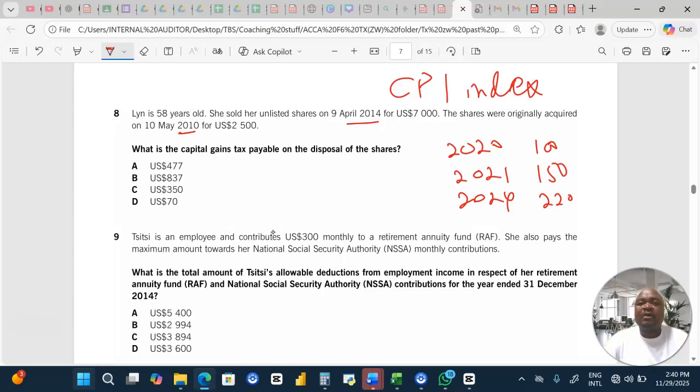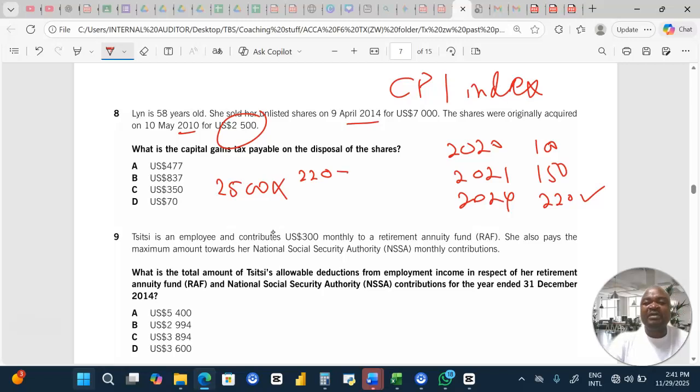So what you need to do, when you compute your cost, the cost of the asset sold was 2,500. So the inflation adjusted cost will be multiplied by the difference of the CPI at disposal, which was 220, because this is the 2024 CPI where the asset was sold, isn't it?